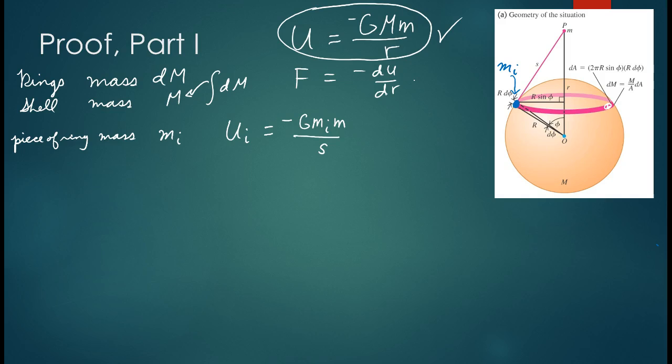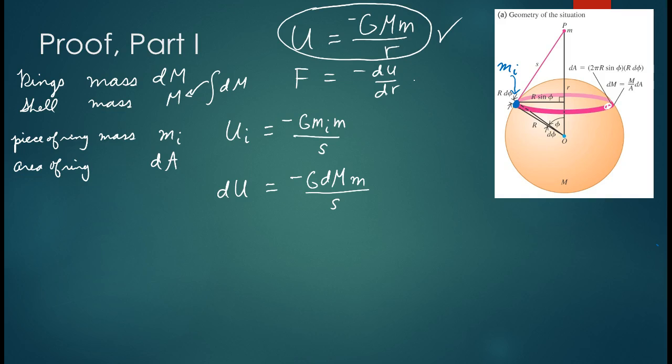Okay, and we can do a couple more things here. We can say that the area of the ring is equal to dA. And then we can say that the potential dU from an entire ring is going to be negative G dm m over s, because all parts of the ring are at the same distance s from the point particle.